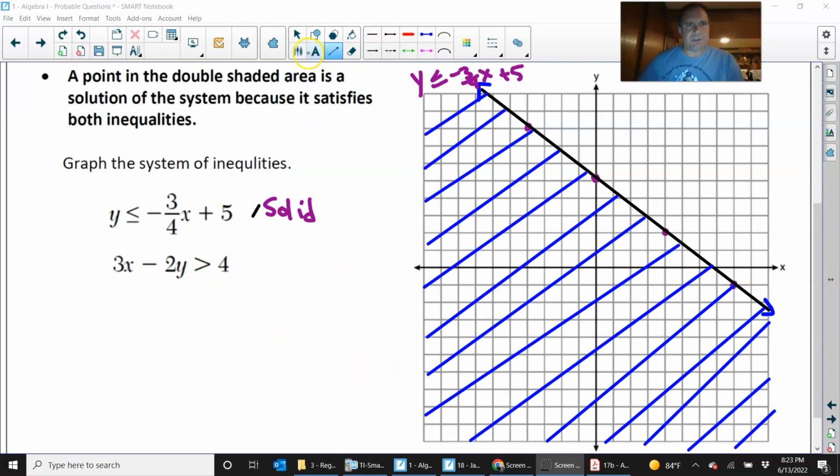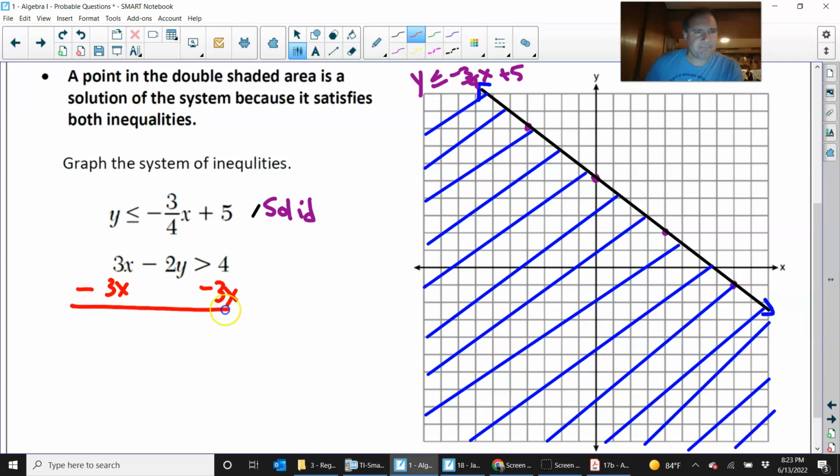And then the next one. The next one is not solved for y, and we need to do that. So I am just going to go ahead and subtract 3x on both sides. This cancels. You have negative 2y is greater than negative 3x, I put the negative 3x first, plus 4.